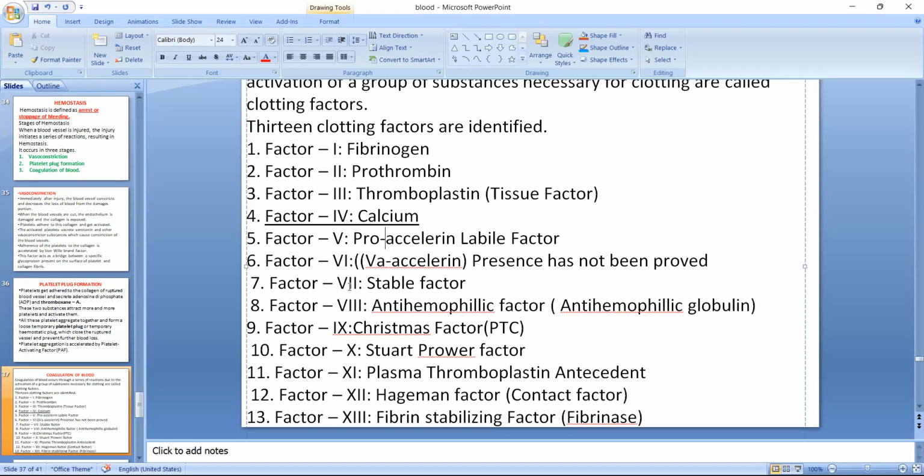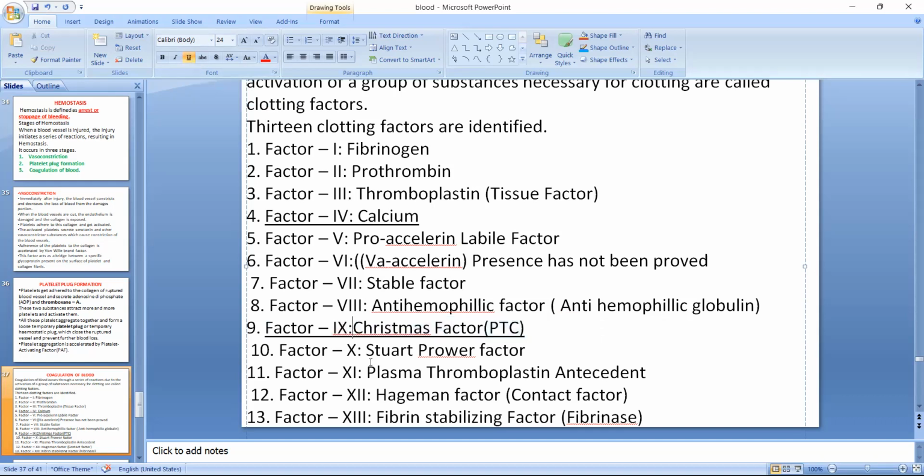And then the seventh factor, stable factor. The eighth factor is AHF, and you can also call it AHG: antihemophilic globulin or antihemophilic factor. And this is important. Ninth factor, plasma thromboplastic component, Christmas factor.